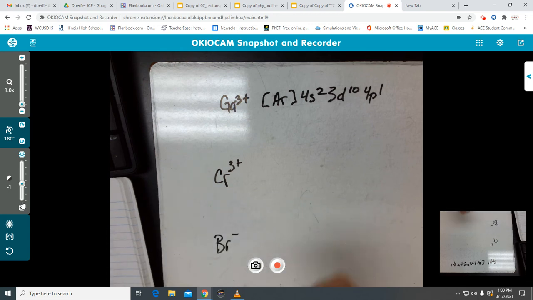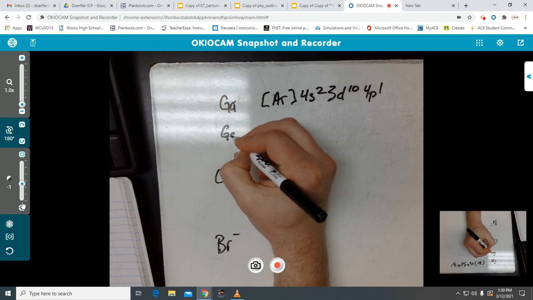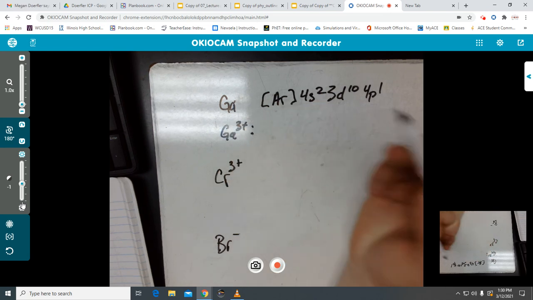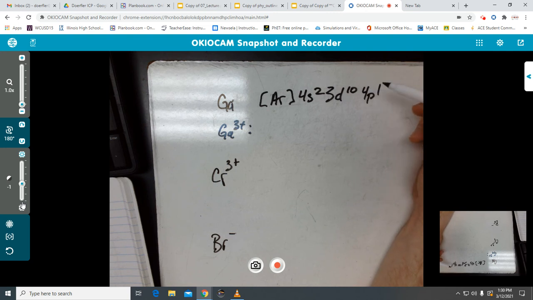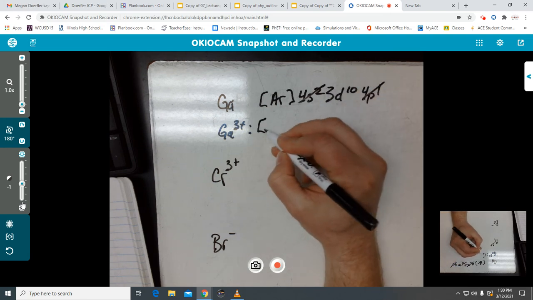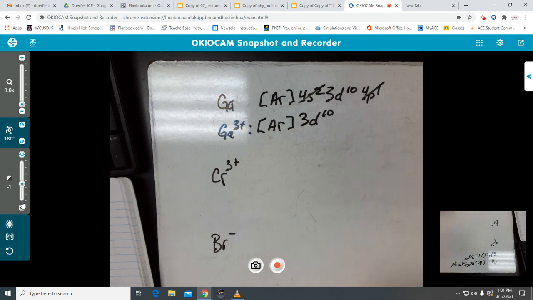Sorry, that's gallium's. Gallium 3+ is going to have the following. In order to have a 3+, we have to remove 3 electrons. They come out of the highest ones, the 4p and the 4s. And so all that we're going to be left with is [Ar]3d10.